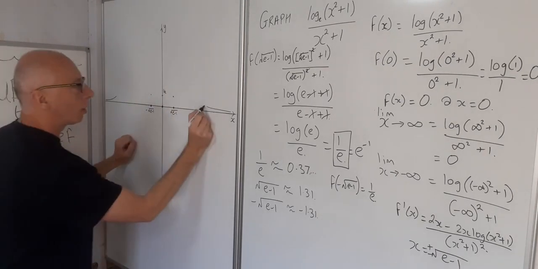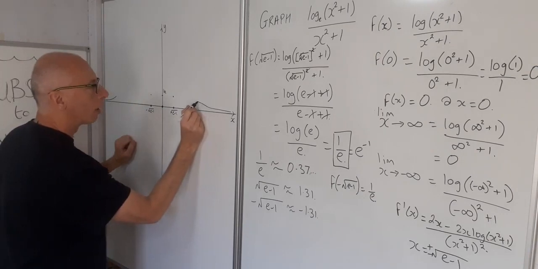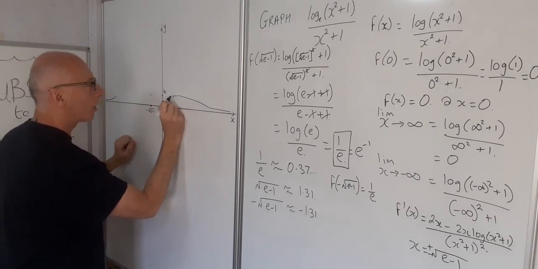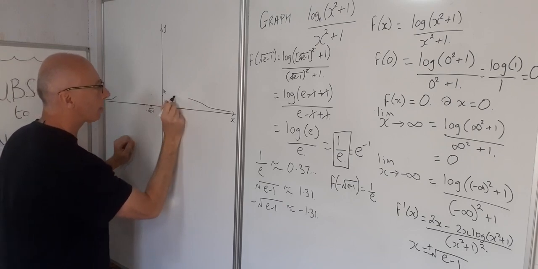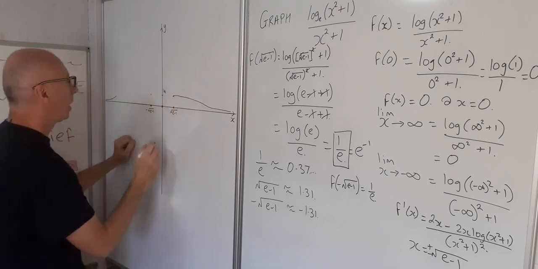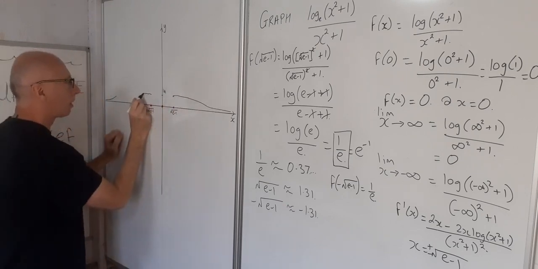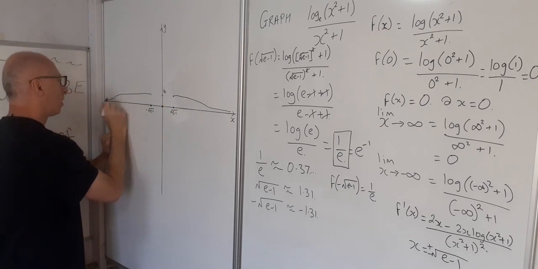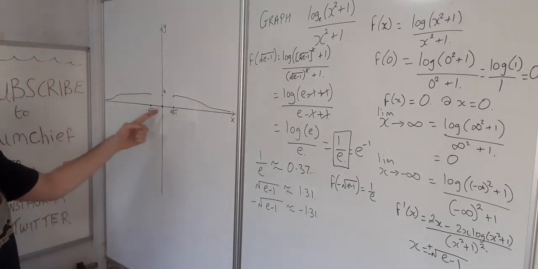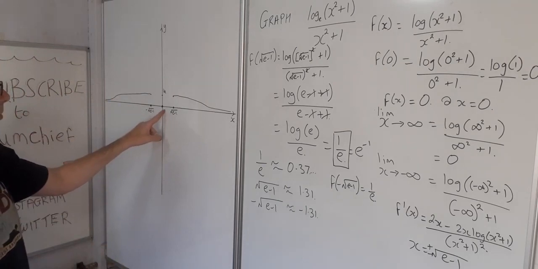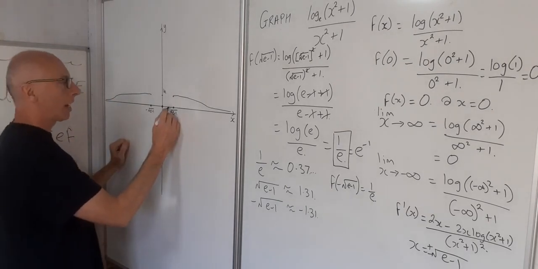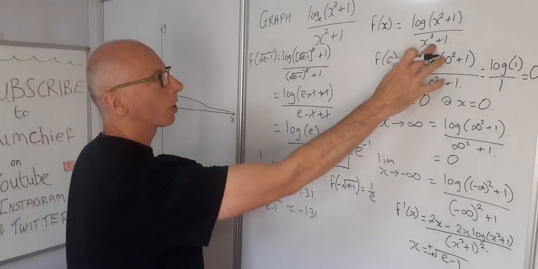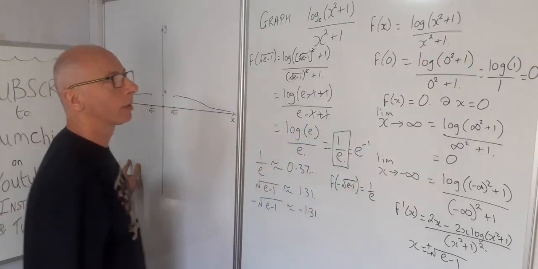So the graph is going to come up and definitely touch there. Let me draw that better because I want that to be clearly the highest point of the graph. And the same here. Okay, now what we know is it comes down to the point 0. We know it doesn't cross the x-axis because this function can never be less than 0.